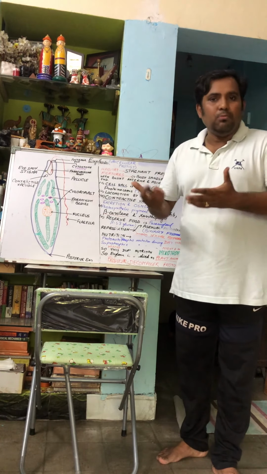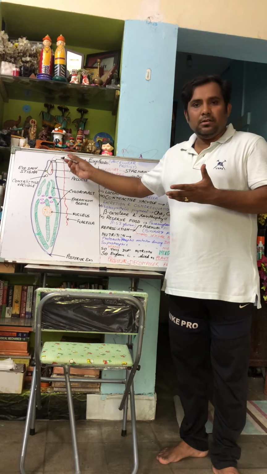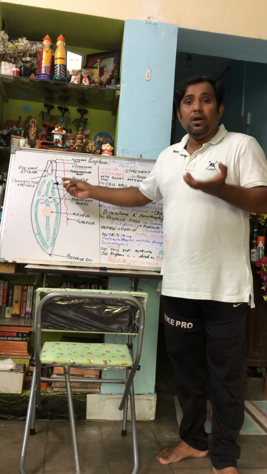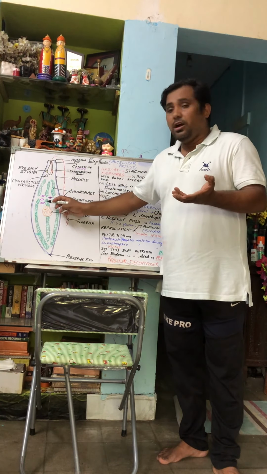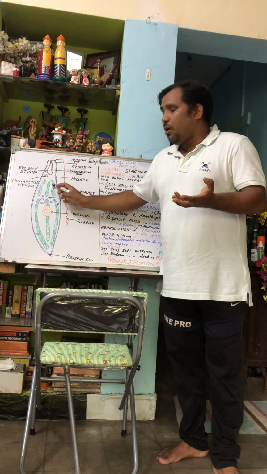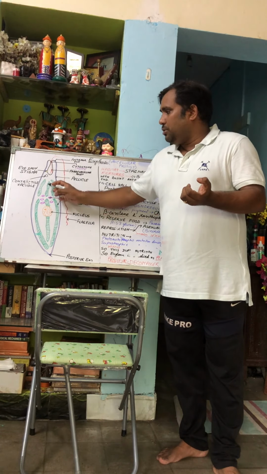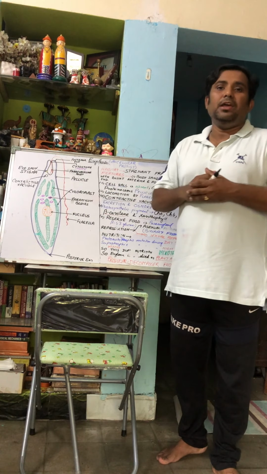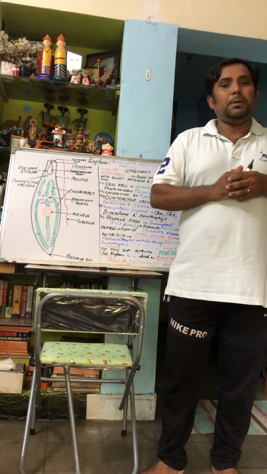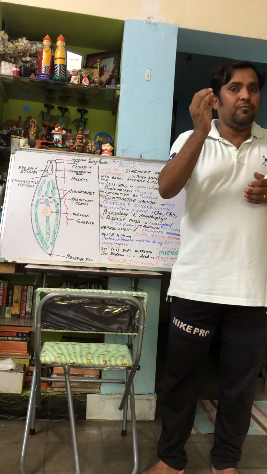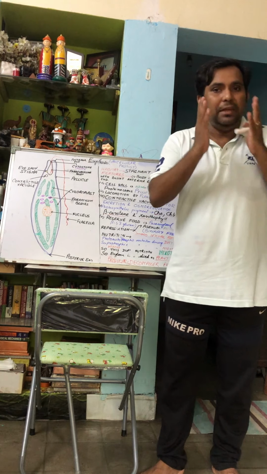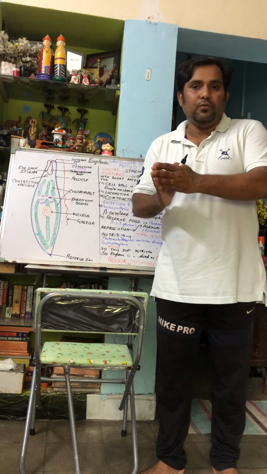If we further move on, inside the cytoplasm, since it's unicellular, there is a single large nucleus. This is surrounded by many longitudinal or cylindrical shaped chloroplasts. The chloroplasts primarily contain photosynthetic pigments like chlorophyll A, along with chlorophyll B, beta carotene and xanthophyll.